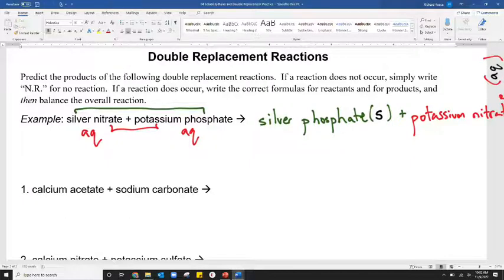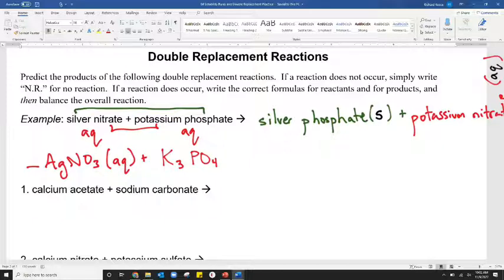So here we go. I'm going to have silver nitrate. Reactants are definitely AQ. Potassium phosphate next. K. Turns out it's K3PO4 because phosphate's got a negative 3 charge.